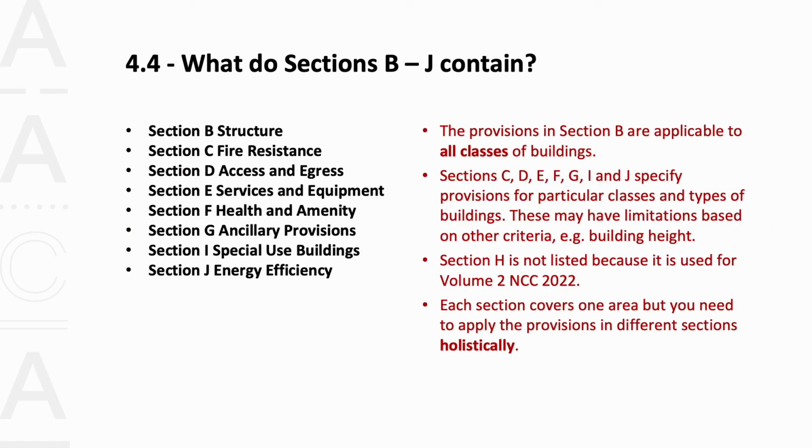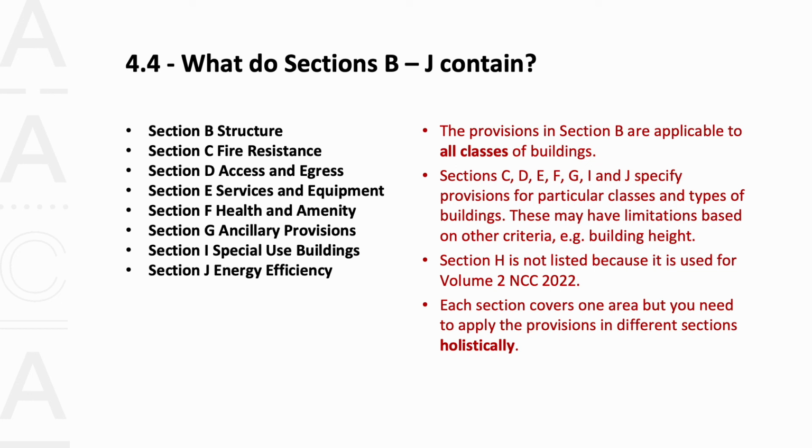So let's have a look at what sections B to J contain. While there are different sections that provide performance requirements, verification methods, and deemed to satisfy provisions for specific design and building areas, they must be applied holistically. That is, you need to consider the impact of a decision on one area on requirements in the other areas.